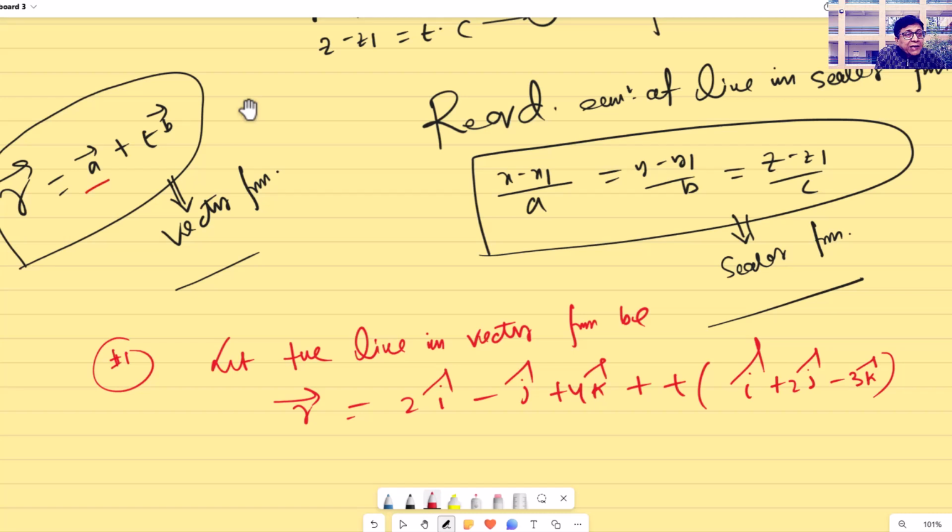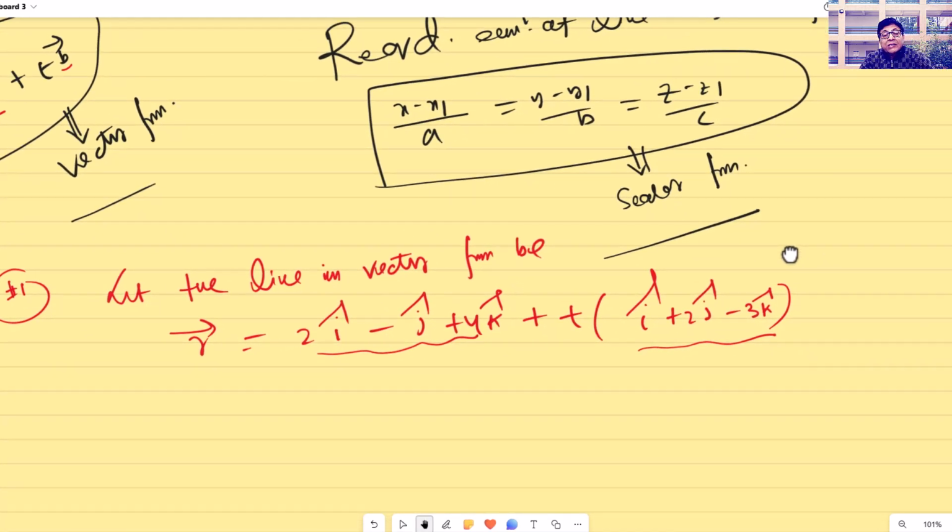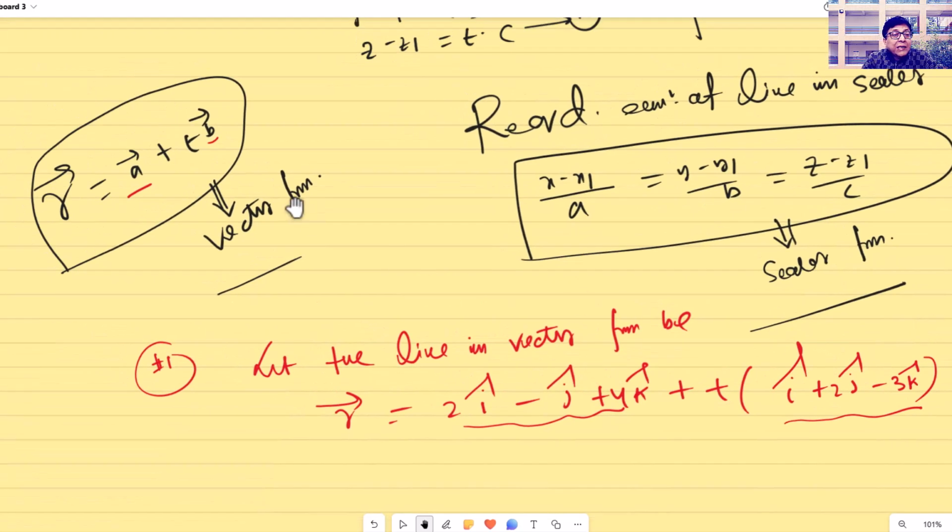Because that a is a vector, we have taken a here, b is another vector, the direction of the line we have taken here. Your problem is to convert this line in scalar form. How to convert this one into scalar form? See, this point is known here and that point we have taken as x1, y1, z1.